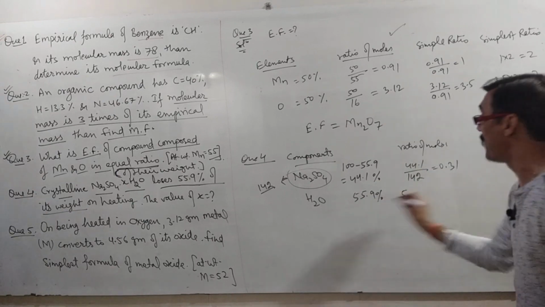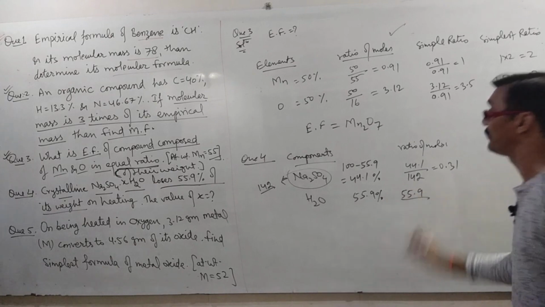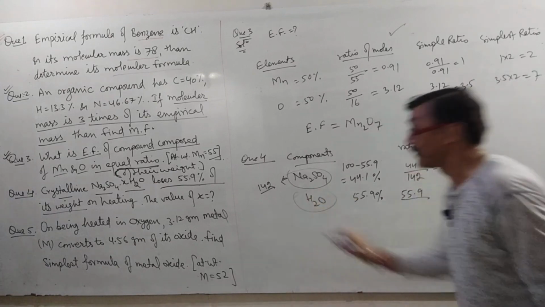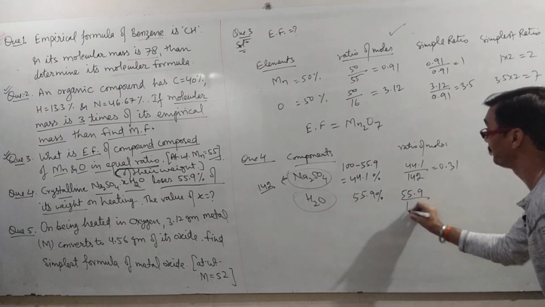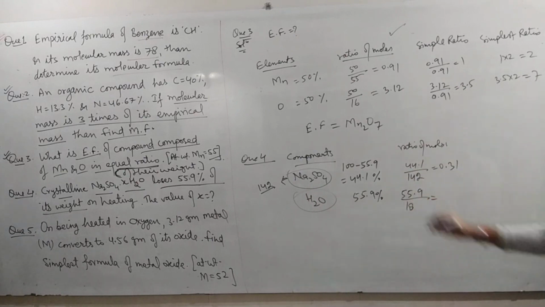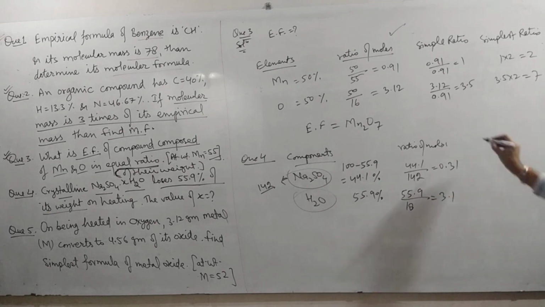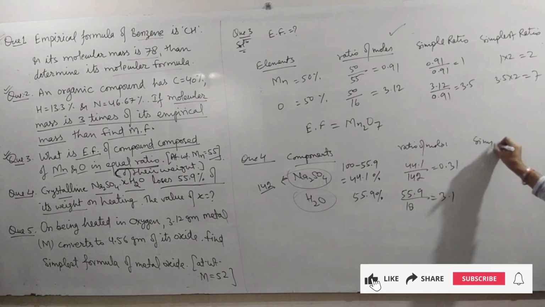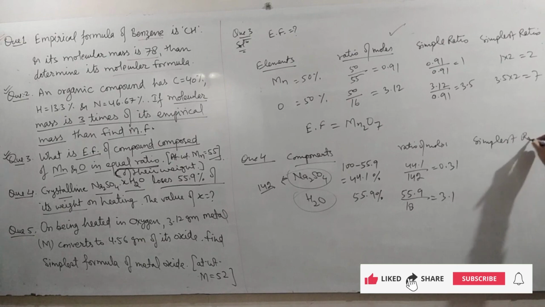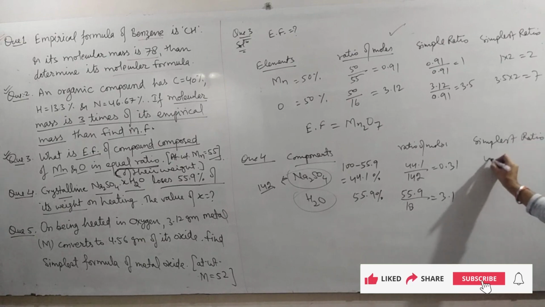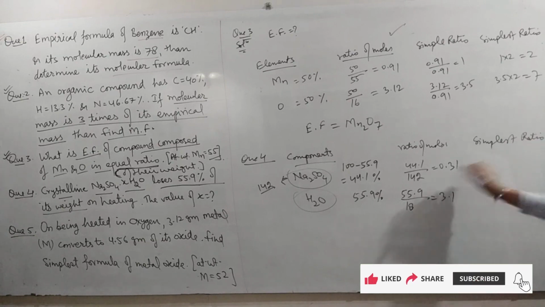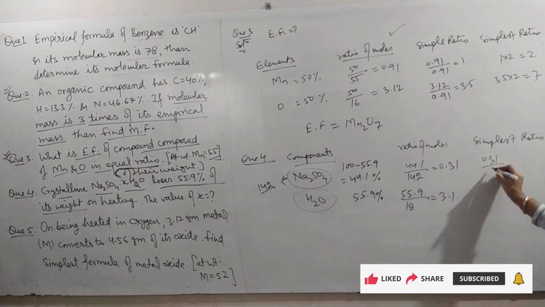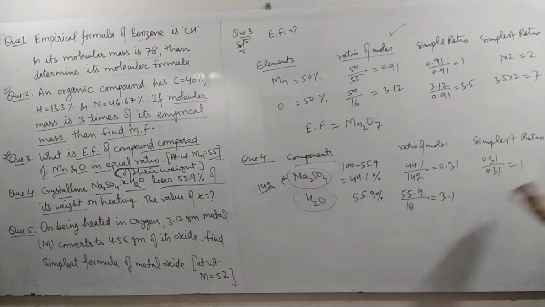And here mass 55.9 divided by the molar mass of water, 18, is about 3.1. So for the simplest ratio, the smallest number 0.31 divided by 0.31 is 1, and 3.1 divided by 0.31 is 10.